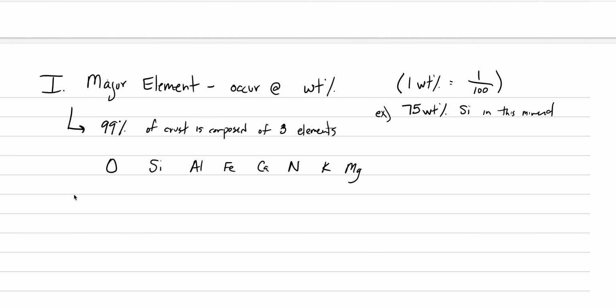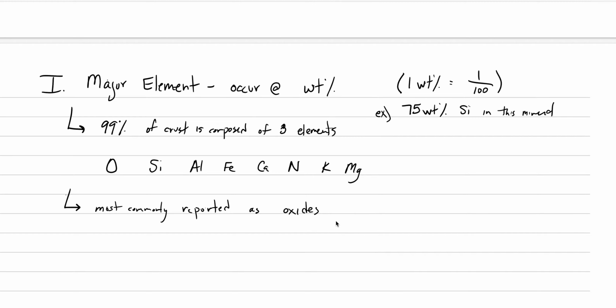Most of the time, when we report these elements, and learn that in order, it's important, these are most commonly reported as oxides. Sometimes they're called major oxides.